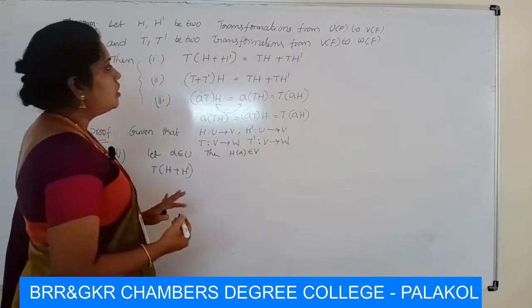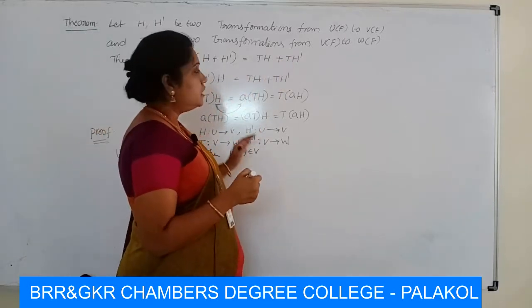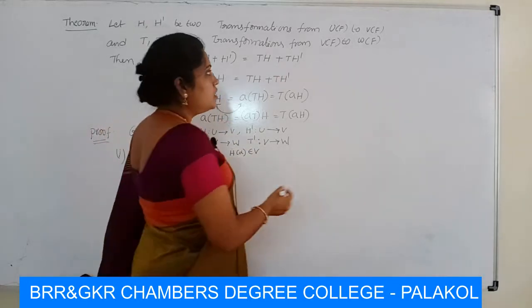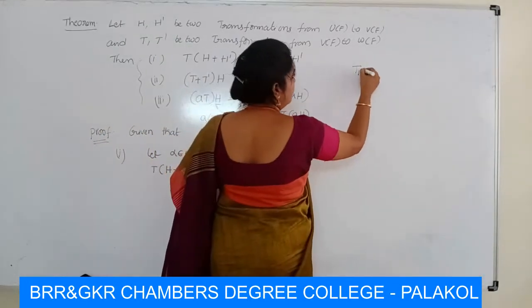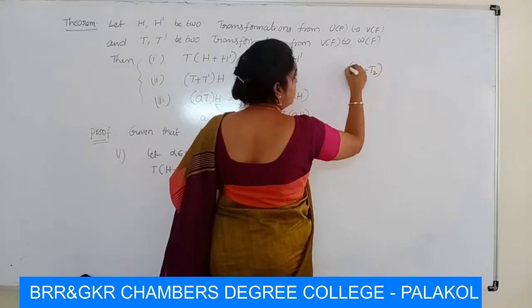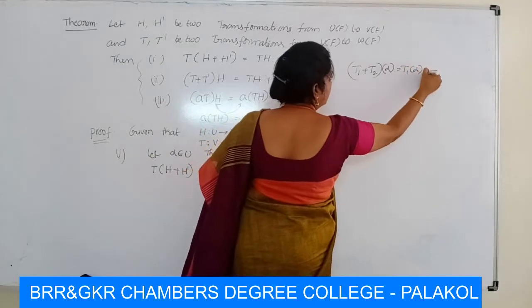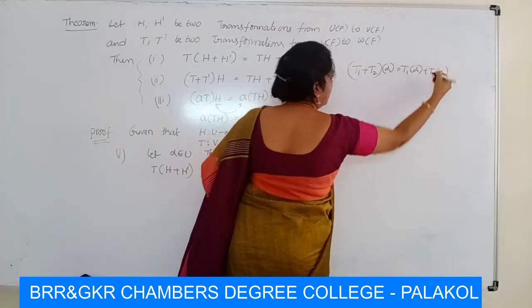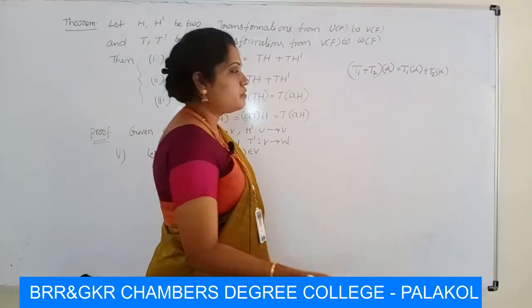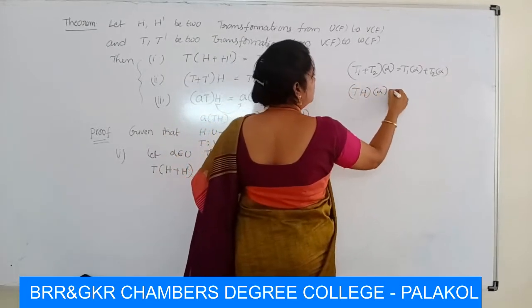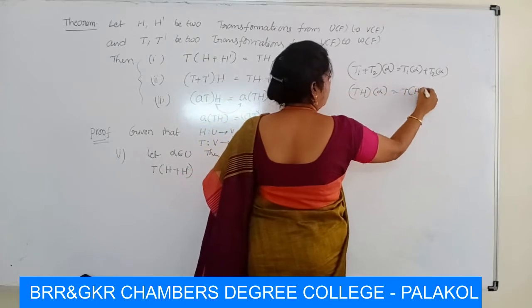So first of all, we know about the sum of the transformations and the product of the transformations. Sum of the transformations is defined as T1 plus T2 of alpha equal to T1 of alpha plus T2 of alpha, and product of the transformations is defined as TH of alpha equal to T of H of alpha.